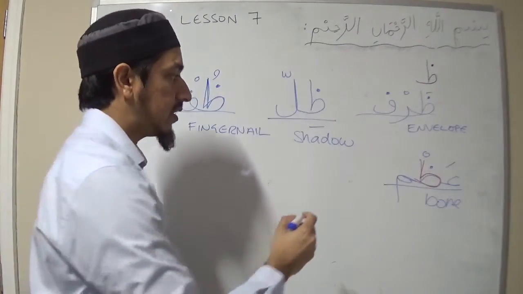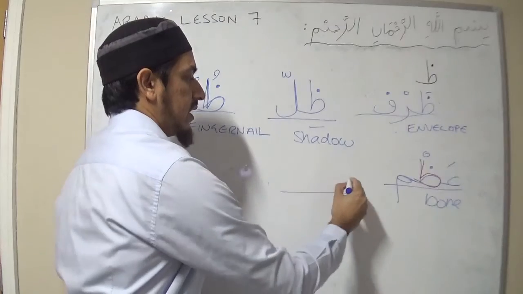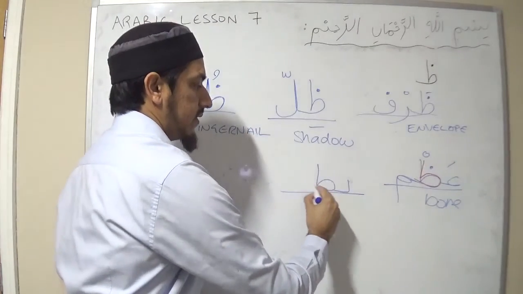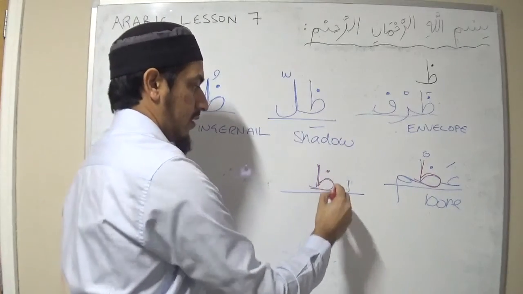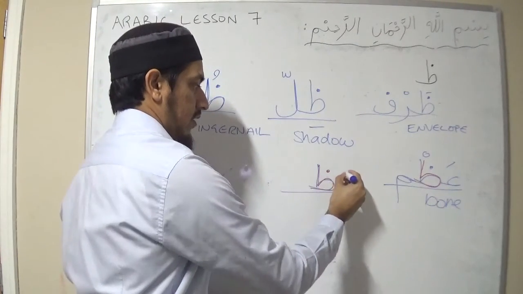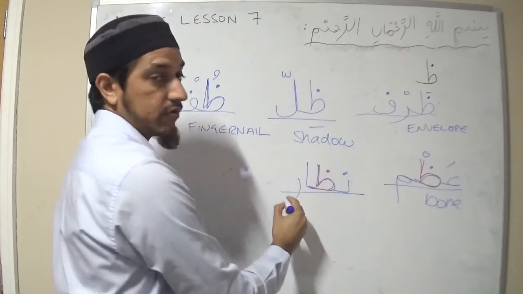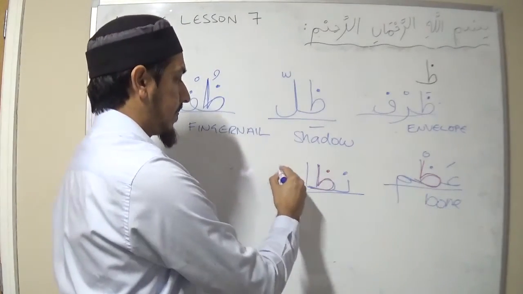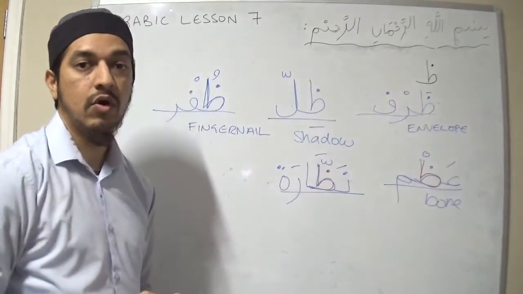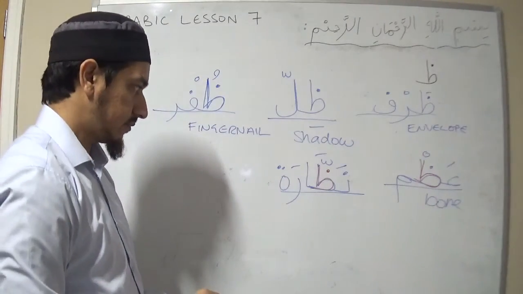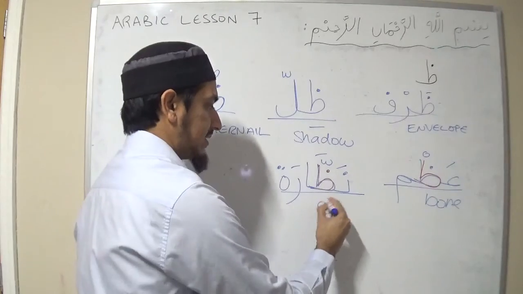Final two is nadhara, which is finally a feminine word. Noon, dha here. The alif, ra, and then ta mudawwara. Nadhara. Glasses.